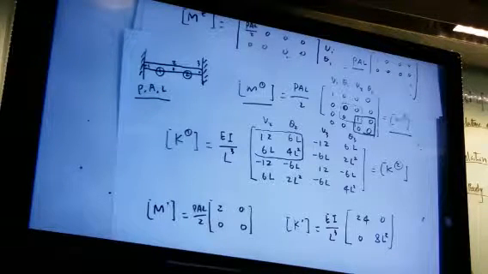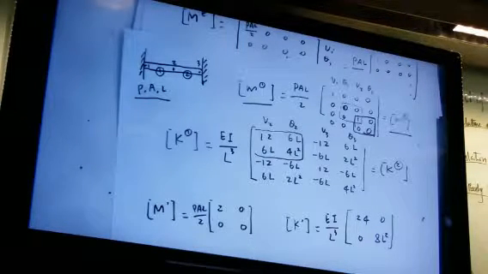This is the column index for V2 theta 2 of K2. If you check the column index for K1, this one is V1 theta 1, V2 theta 2, so for that one you need to use this block to do the assembly. Anyway, that is the assembly procedure. I skipped it, assuming you know how to do the assembly. After you finish the assembly, this is the K matrix you get.